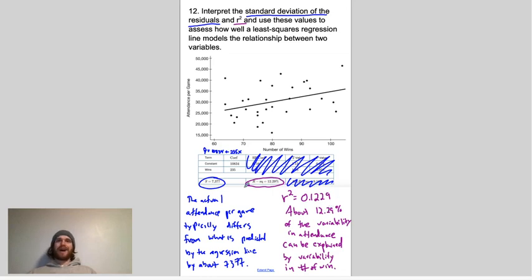So you want a very high r squared value for it to be convincing. An r squared value of 1 would mean the points are all lying in a perfect line, which is highly improbable. But the higher r squared is, the better it is in convincing that there is a strong relationship between these two variables.